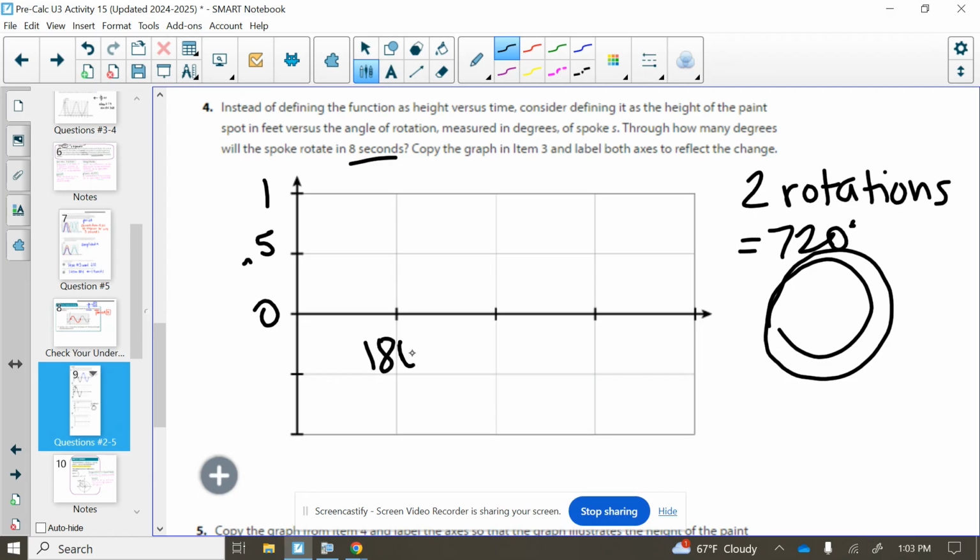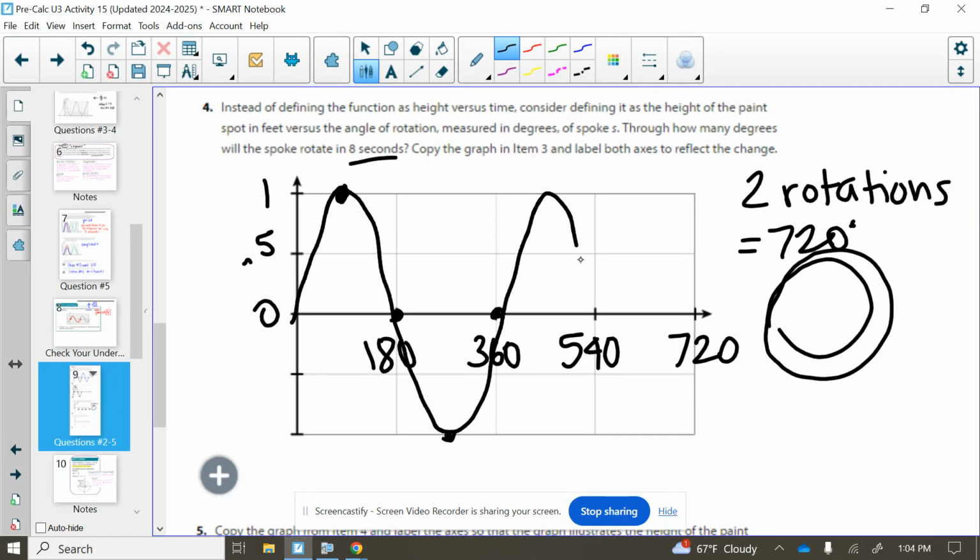So in order to get to 720, each of these on our scale would go up by 180 here. And then otherwise, our graph is going to look very similar to what it did before. Up, down, back to the beginning, up, down, back to the beginning. Just changing our units this time, from seconds to degrees.